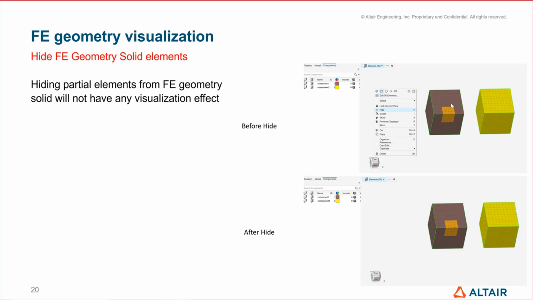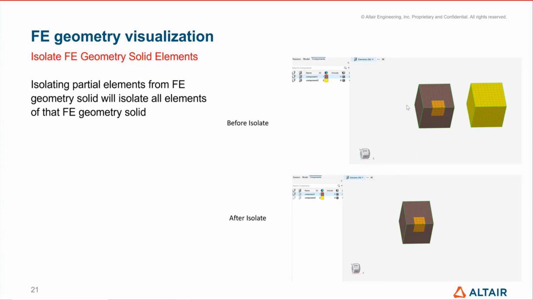Hiding partial elements from an FE geometry solid will have no visualization effect because the solid wins over here. When you select these elements and say hide, nothing is hidden because the solid is there. In this case, if you want the original behavior, you can delete the solid, so then you have the surface behavior and you can do the hide option.